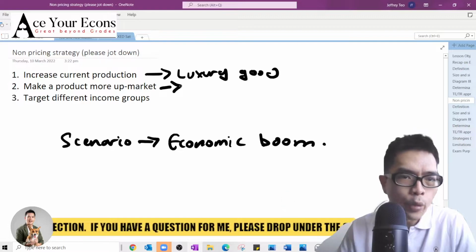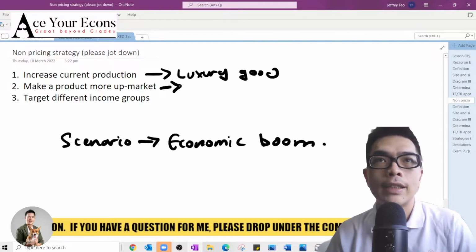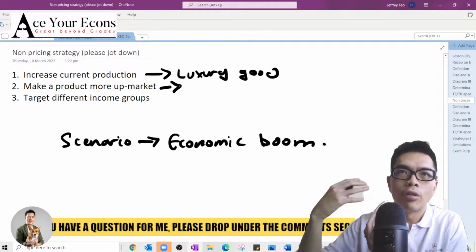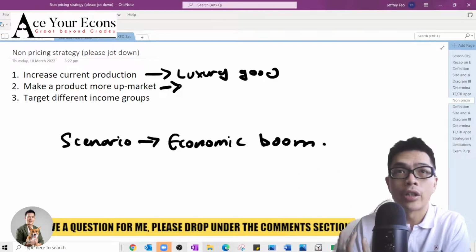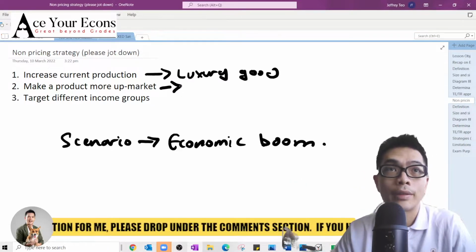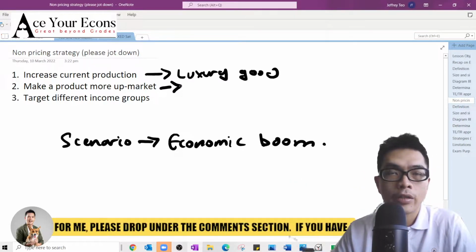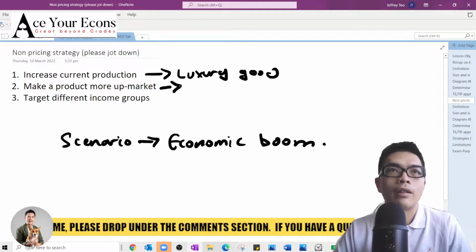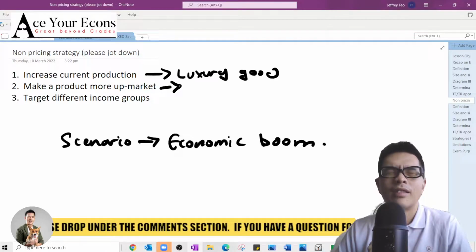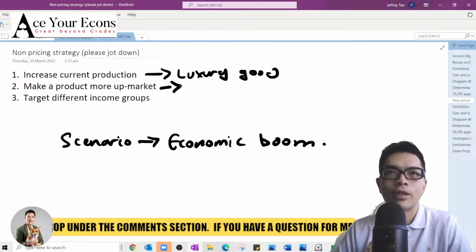Alright, so make a product more upmarket. What does it mean? Okay, it means that you want to show a better variation or a better version of a product. Right? So any examples out here that you have that makes a product more upmarket or perceived to be a luxury good?